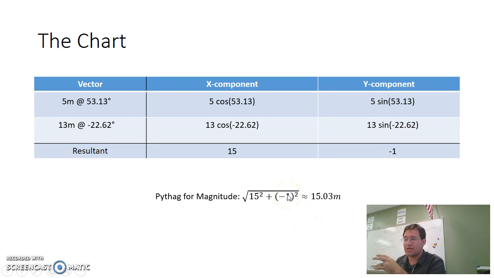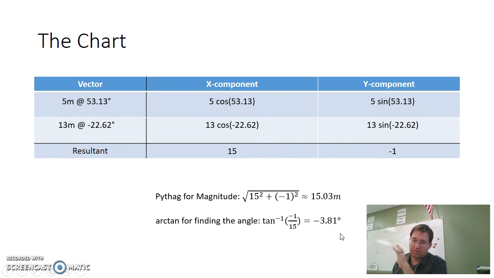That's our magnitude, how much strength our end vector has. And for our arctangent, we put in tangent inverse of negative 1 over 15, because it's always rise over run. That gives us a value of negative 3.81.